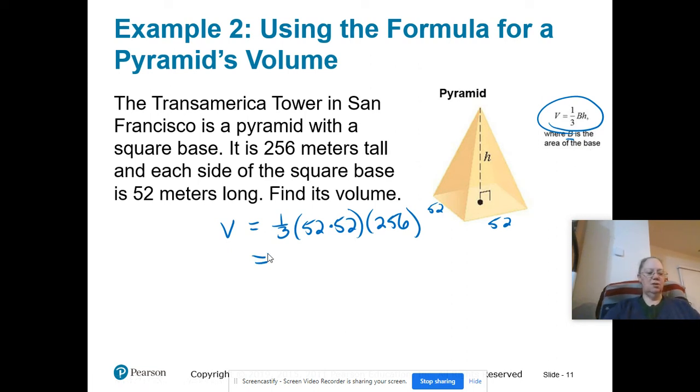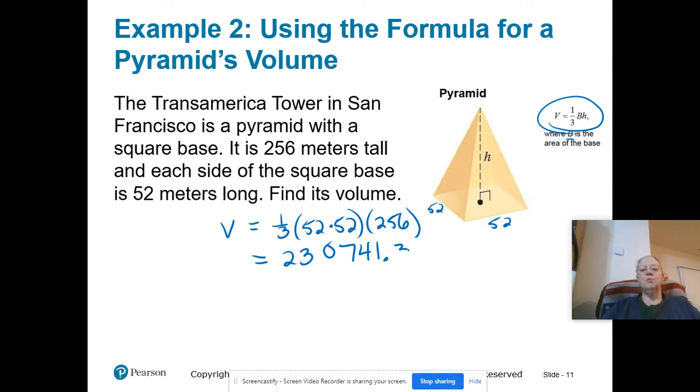And let's get our calculator here. 256. Let's round it to the nearest... 230,741.